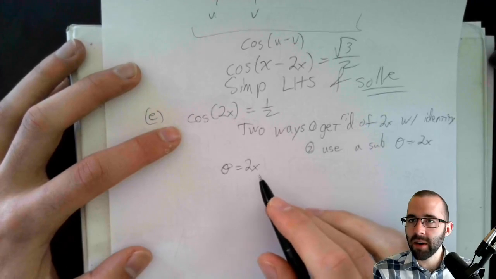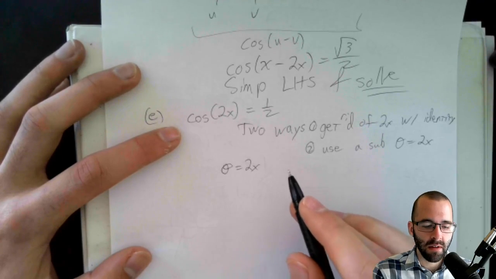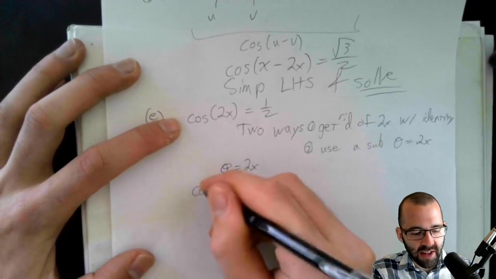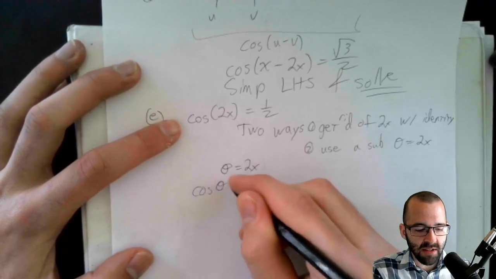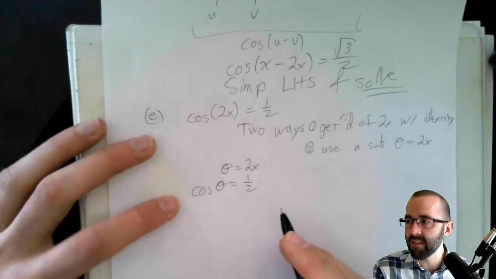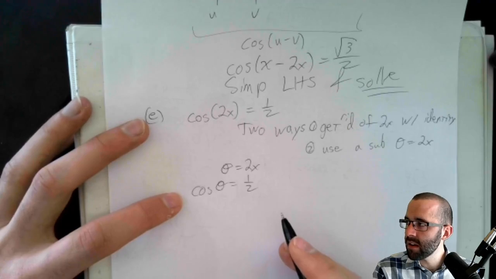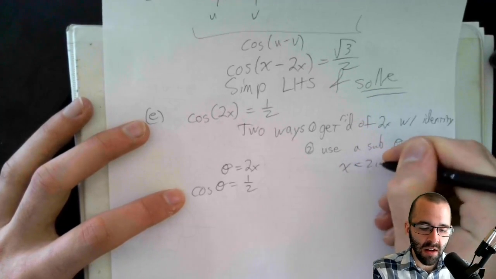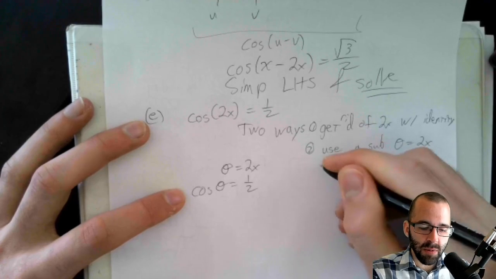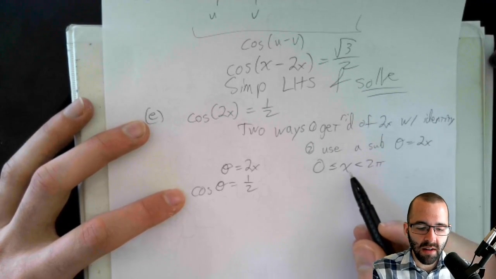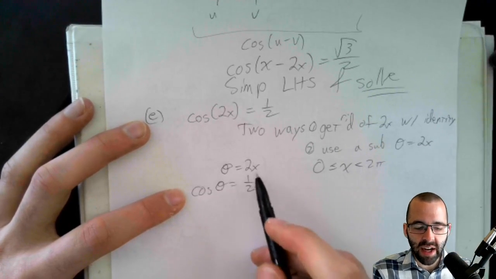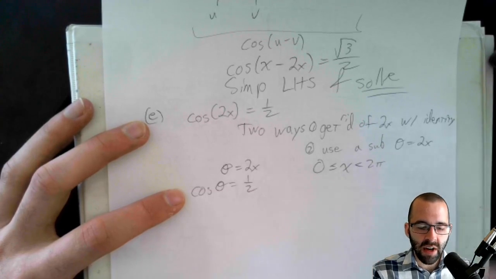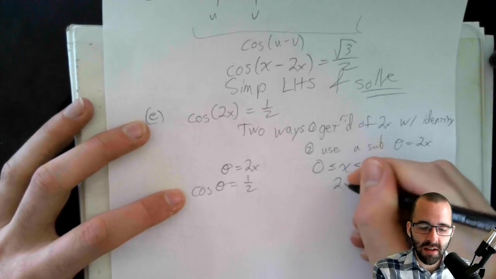But here's the tricky part. Right? Because sure, that's nice. If theta is 2x, we just get cosine of theta equals 1/2, and we can solve that, no big deal. But right, if x is between 0 and 2 pi, what is 2x between? Right? Because theta is 2x.